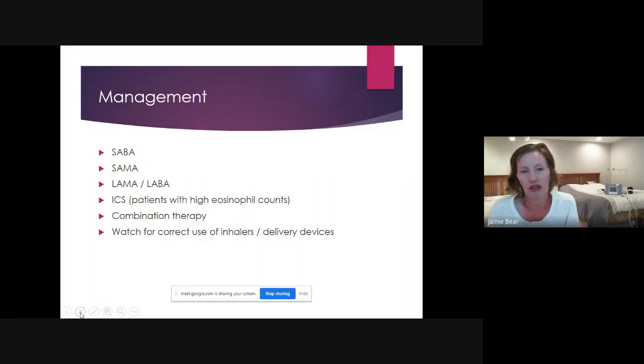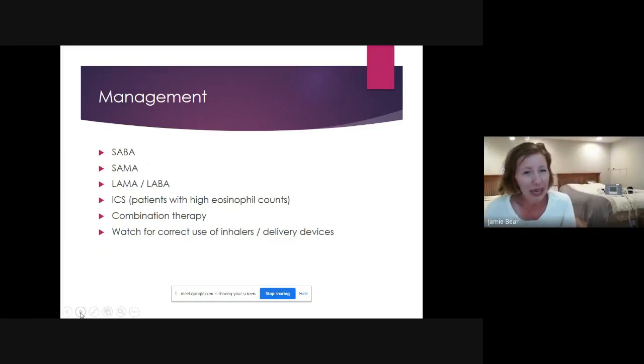So you could also give them Combivent or DuoNeb, which is both of those, SABA and SAMA together. Then you start getting into your long-acting controllers. So your LAMA, your long-acting muscarinic antagonist, or your LABA, your long-acting beta agonist. Those are both going to help as controllers.